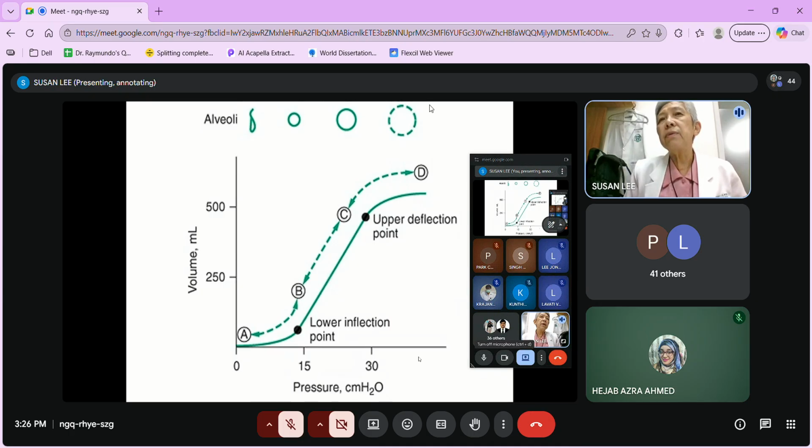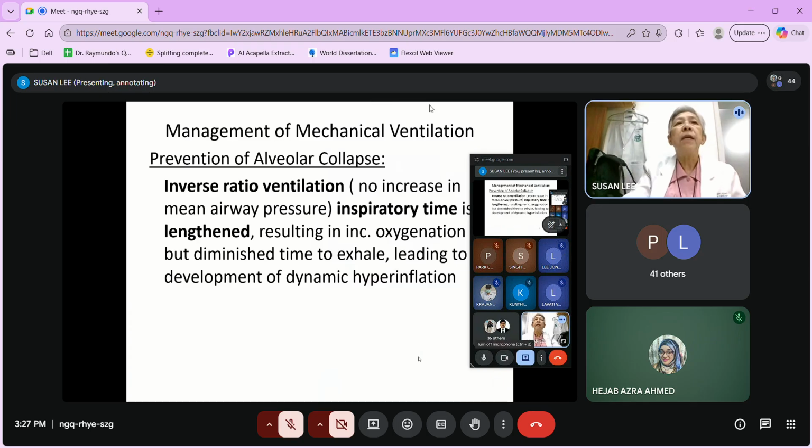So it is around 15 to 30. Because if we give a lot of PEEP, it may also cause harm to the patient. So we do not want to give too much PEEP. Okay, if we introduce 15 cm PEEP and the patient is not improving, you can gradually increase your PEEP. Okay, but usually if you reach 30 or 35, that's already very high, and it would be associated with a poorer prognosis. Okay, so the inverse ratio, usually we do not use this.